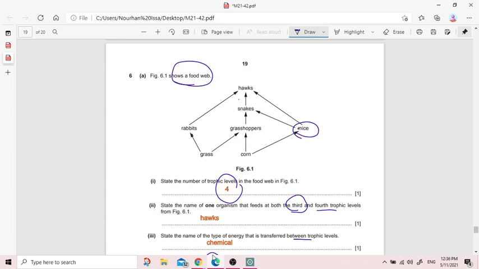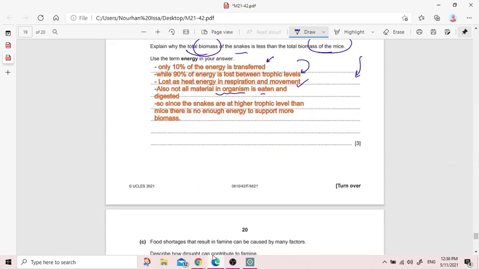And even the parts that are eaten are not all digested. This is why not all the energy in the mice goes to the snakes. And then at the end, you give him a conclusion back. So, since the snakes are at a higher trophic level than the mice, there will be not enough energy to support more biomass.